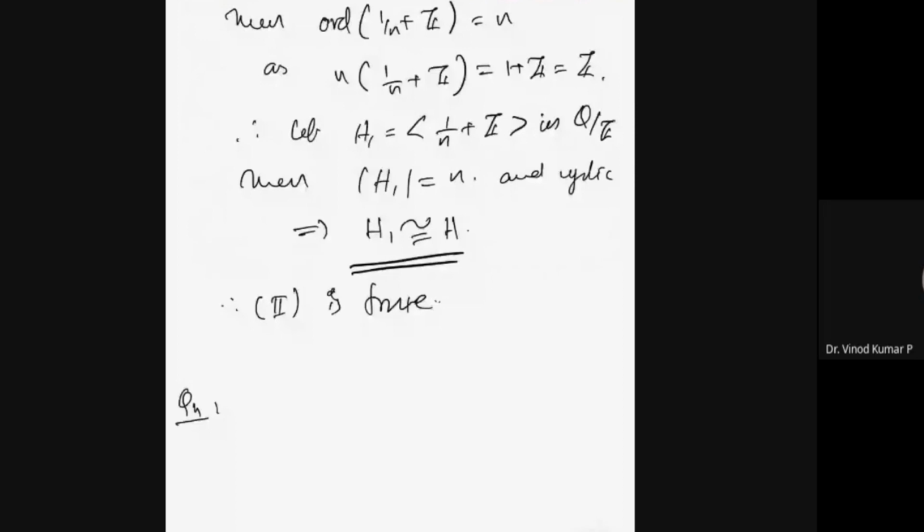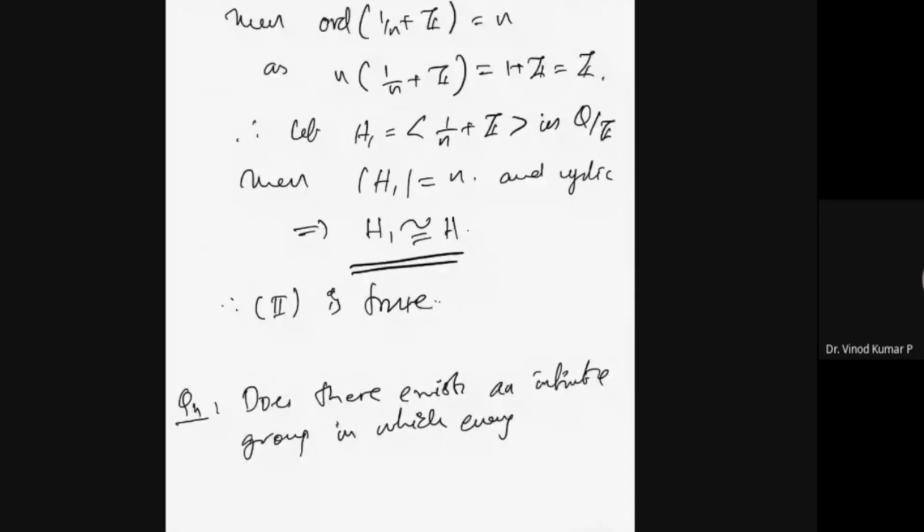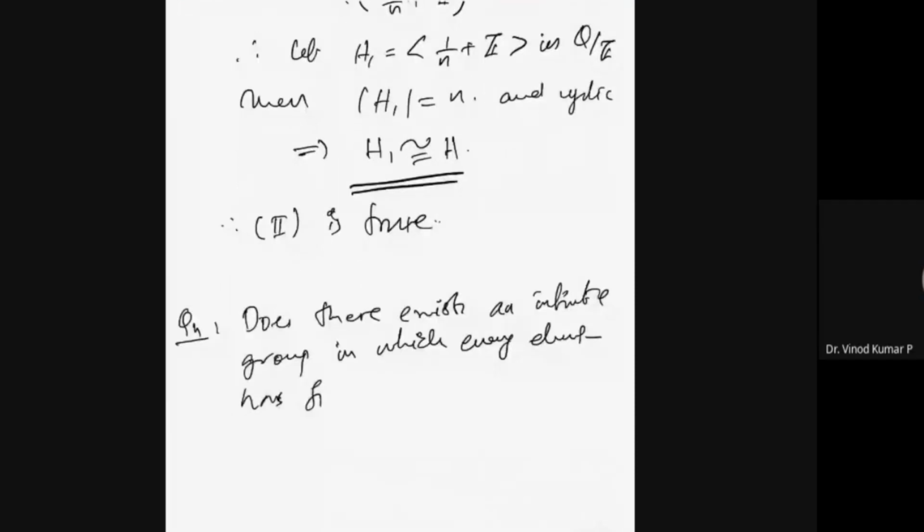Does there exist an infinite group in which every element has finite order?